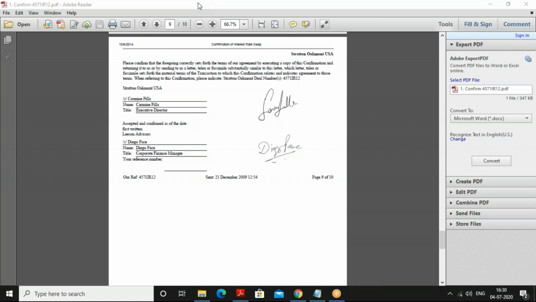Let me clarify one thing. When we talk about any sort of deal that happens, that deal is taken by the front office person and they're the ones who have agreed to take this risk on behalf of the company. But you sitting in back office or middle office, your job is not to take the risk for the company.